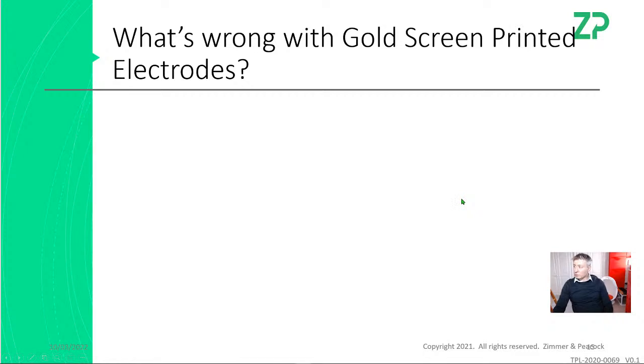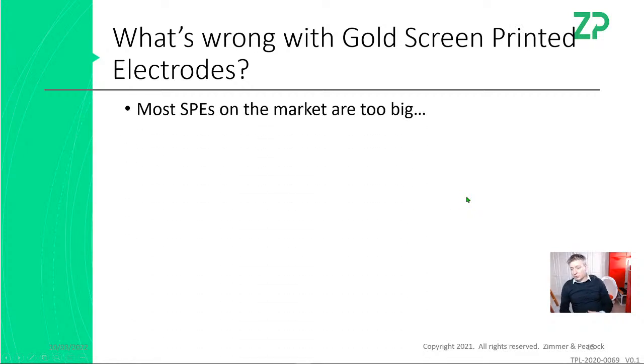First of all, let's talk about what's wrong with gold screen printed electrodes. This is true not only for gold, but carbon and platinum and all of them. Most screen printed electrodes on the market are too big, and what I mean by that is their dimensions mean that, in manufacturing, you can't pack enough of these electrodes into the process to make them economically viable.